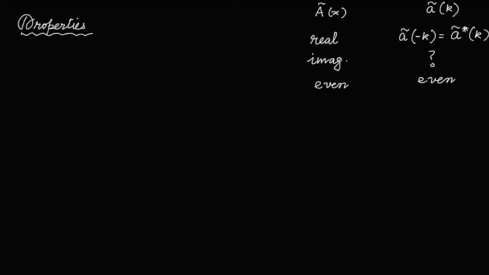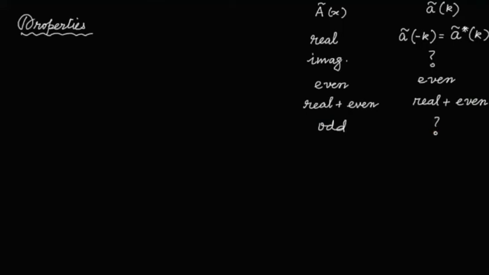If it's real and even, then here also it's real and even. And then there are a lot of combinations you can have between even and odd. Okay, I didn't write what it will be if it is odd, so you should find out what it will be if it is odd.